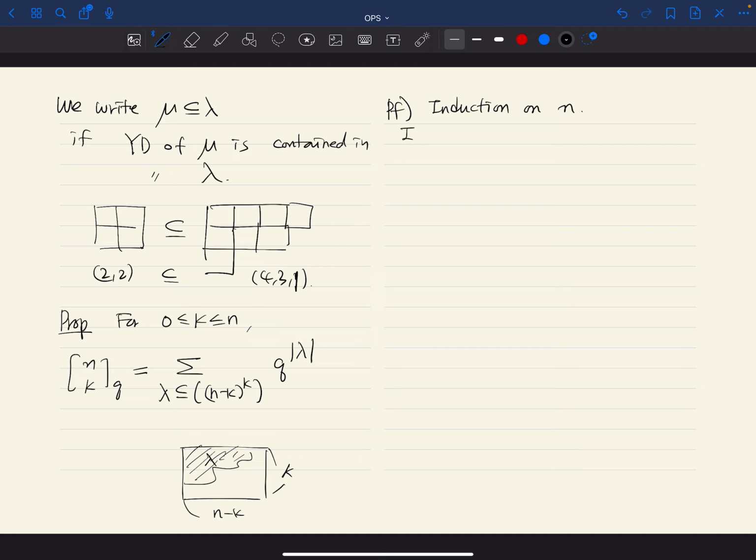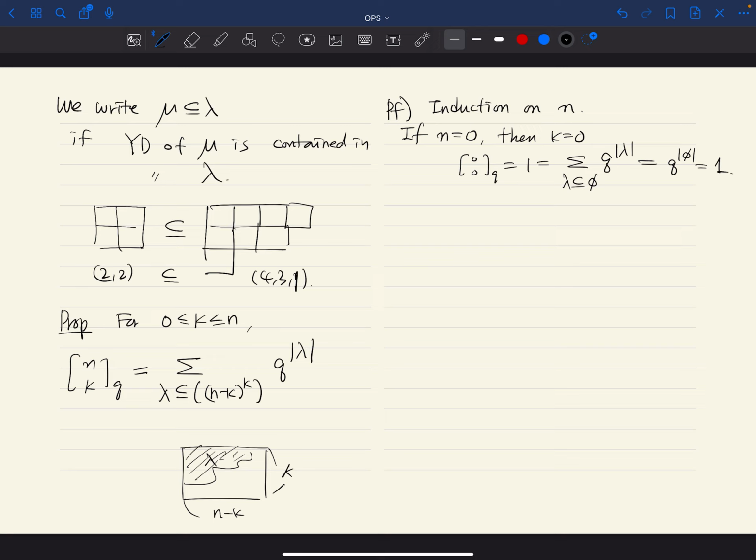If n equals 0, the base case, then k must also be 0, because k is between 0 and n. And this is true: lambda is empty, and it's contained in the empty partition, so by definition this is true.